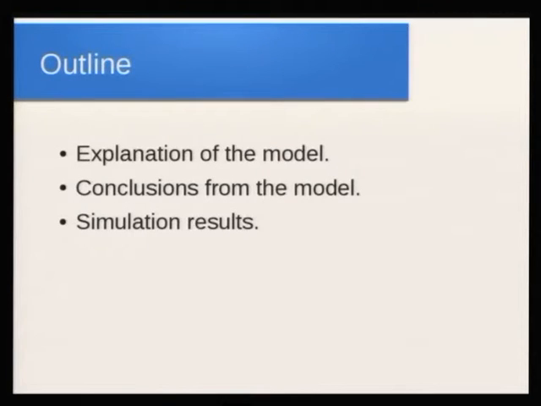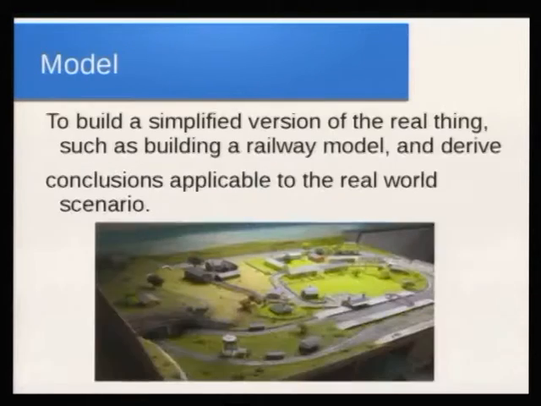What I did was create a model of the migration procedure, and then we were able to draw some conclusions from that model, and we did some simulations to simplify testing.